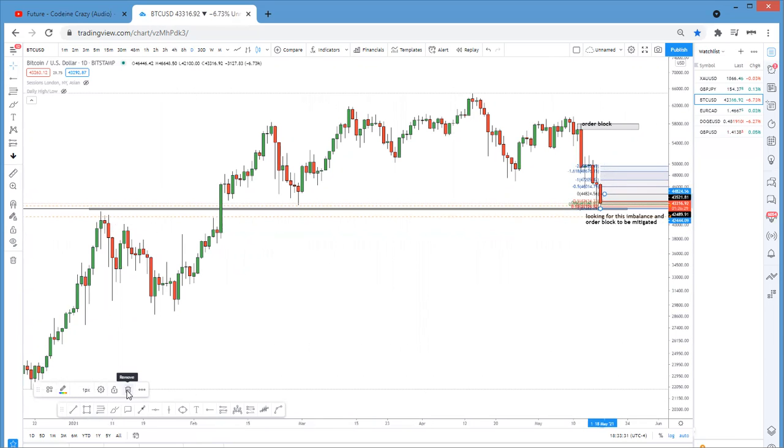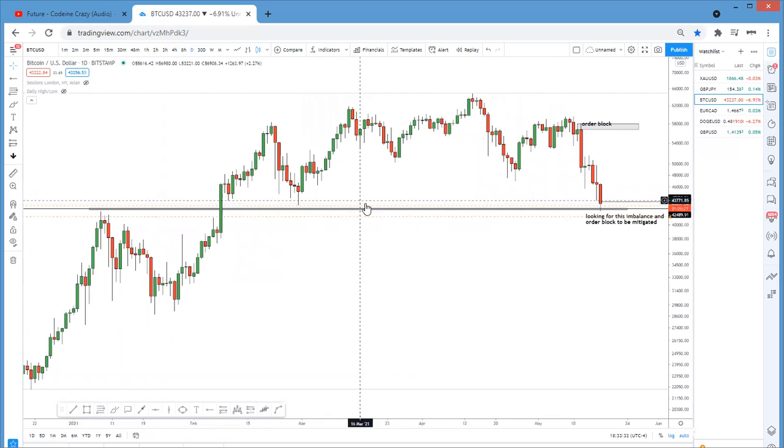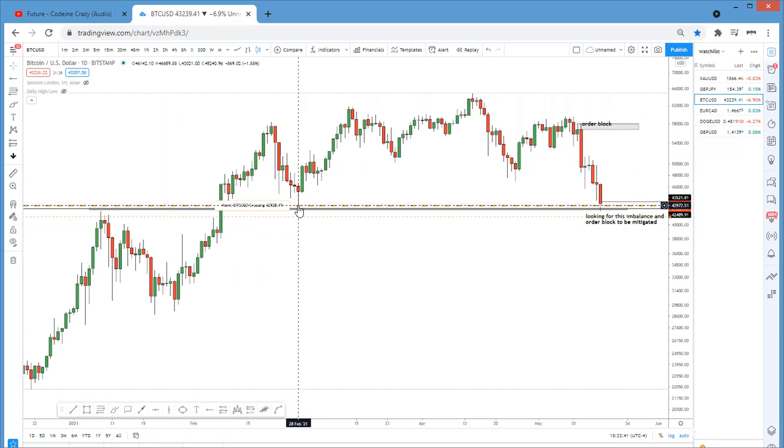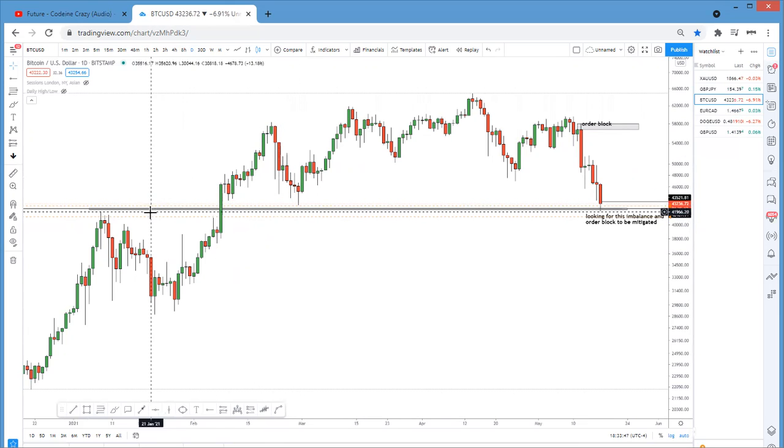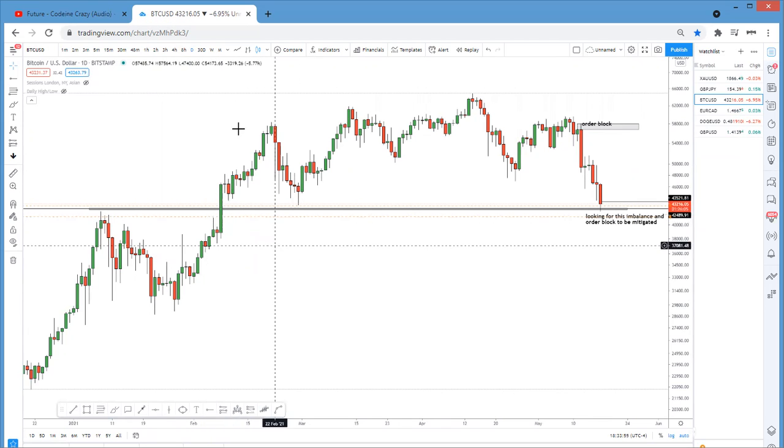If you look at how price came into this region, we actually broke below this old daily low right here, and we tested this old daily high right here. It filled that imbalance right there, right? So that's what I saw on the daily time frame.